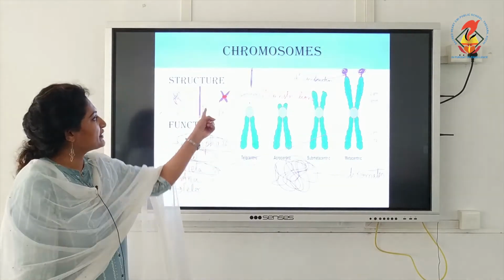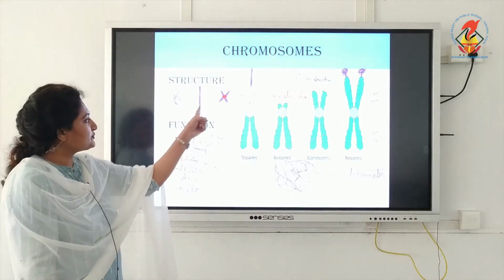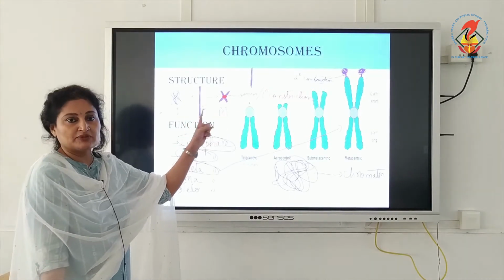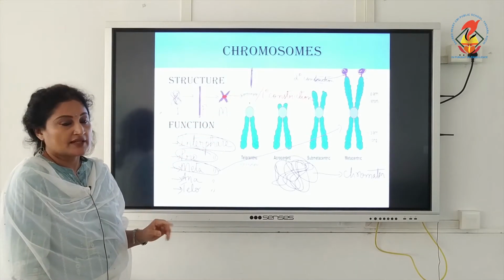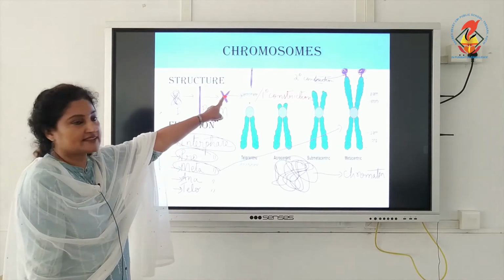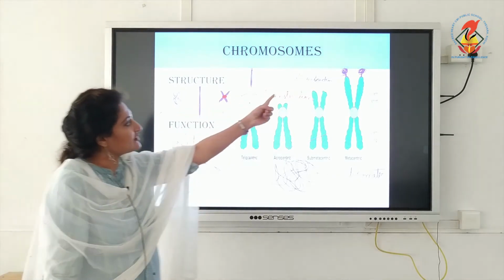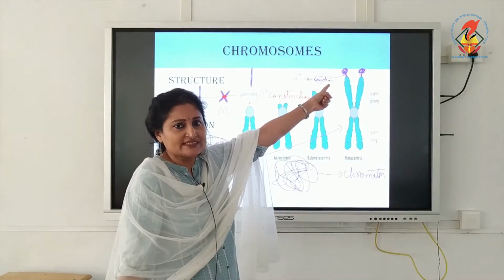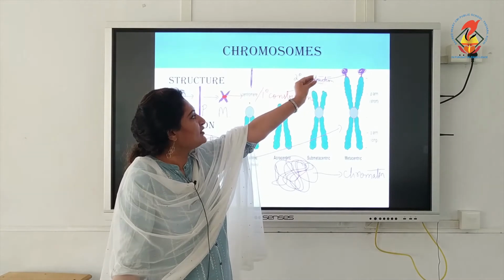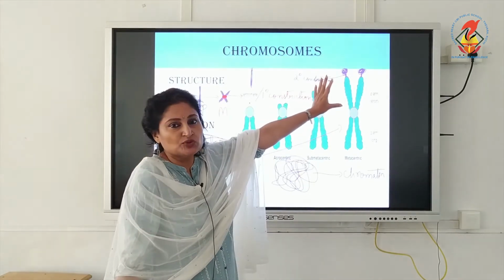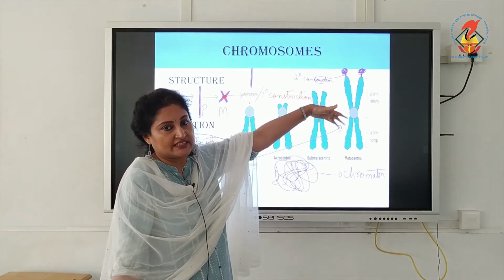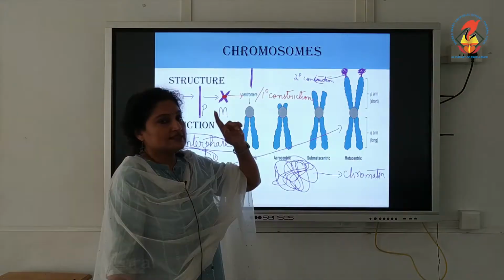With further condensation it becomes X-shaped. With respect to this metaphase chromosome, I am describing the two constrictions. The primary constriction is called the centromere, usually located in the middle. There is a secondary constriction only in some chromosomes, giving a small fragment attached to the chromosome. Usually this does not take up the stain, and this is called the satellite.